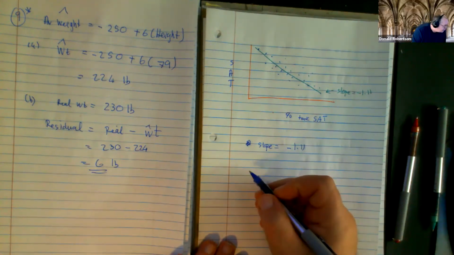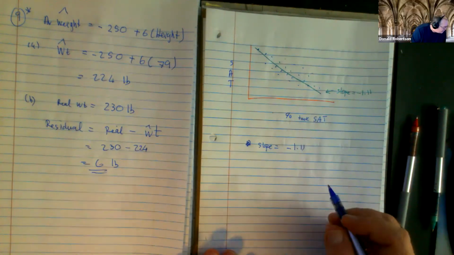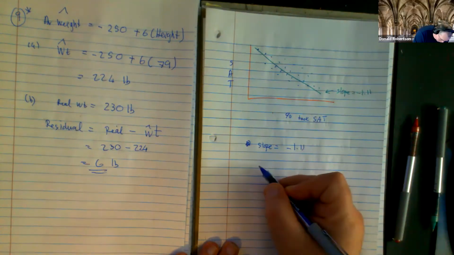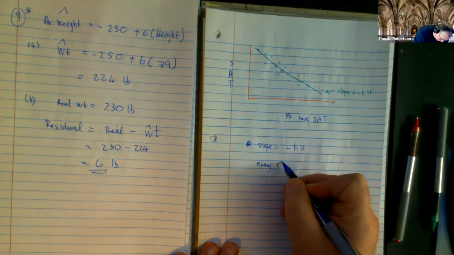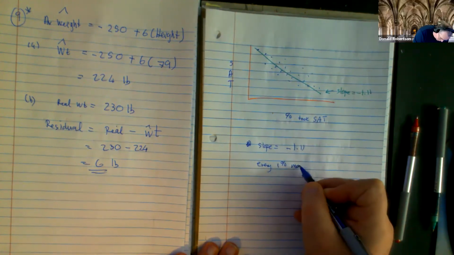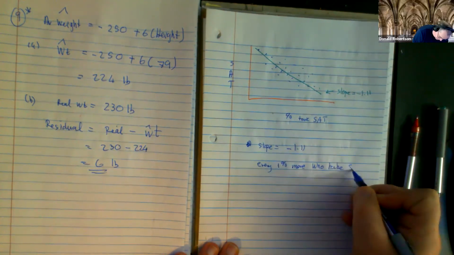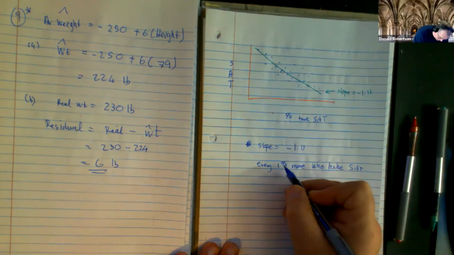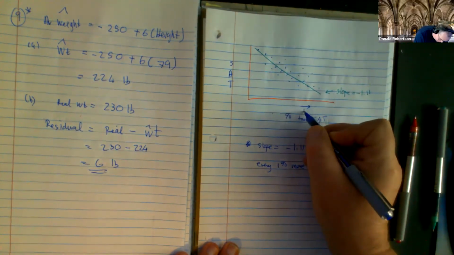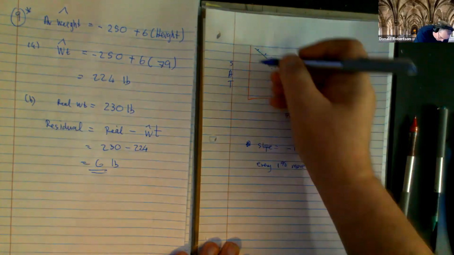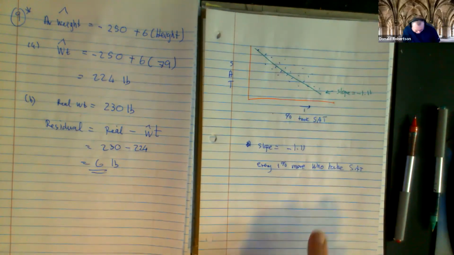So they then give you a choice of what that means. Well, for every 1% more who take an SAT, basically, if you increase the X by 1, what will happen to the SAT score?